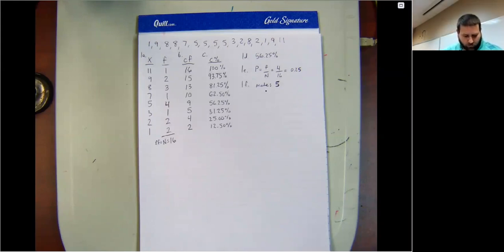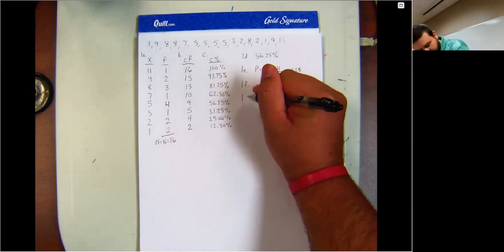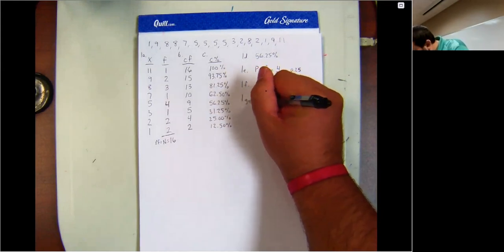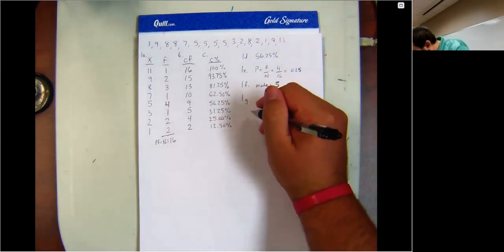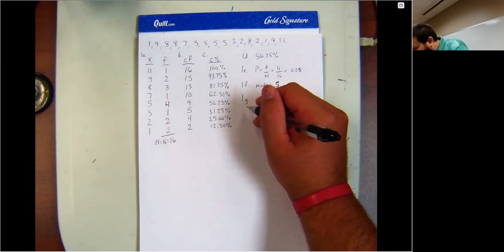There is no real work we can show with the mode. The median, we can show how we got it though. So 1G is determine the median. Let's put all these numbers in chronological order, and I'll do this down below 1G here.